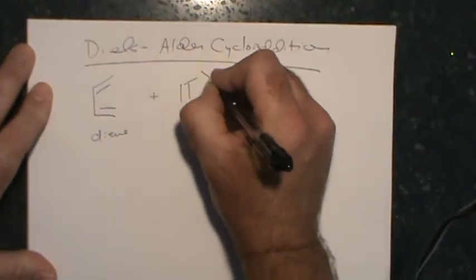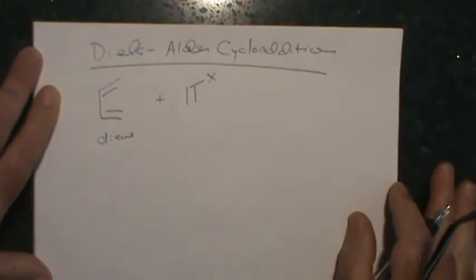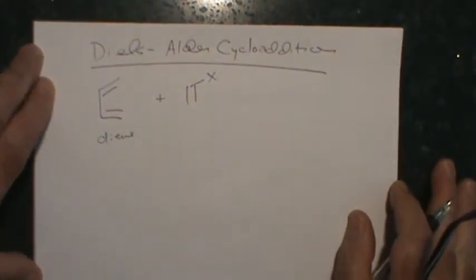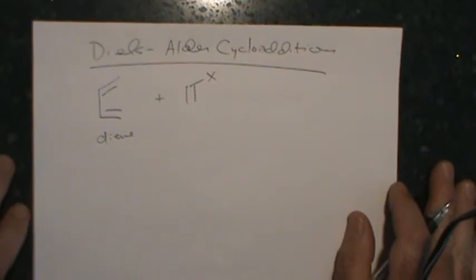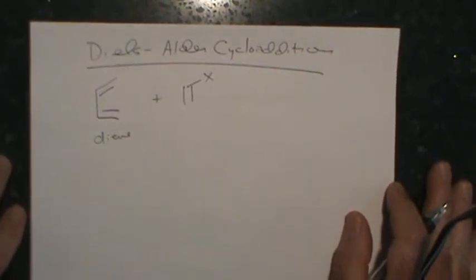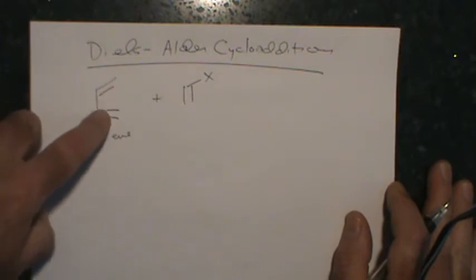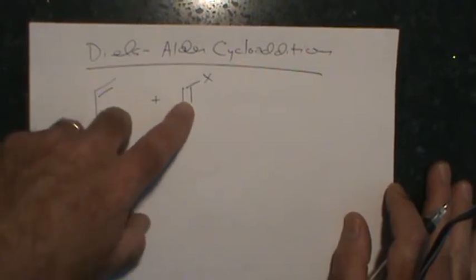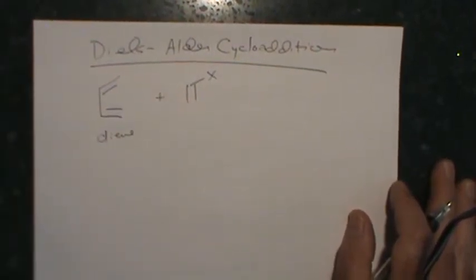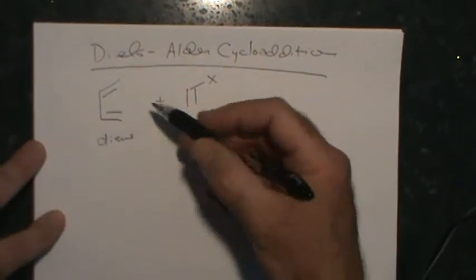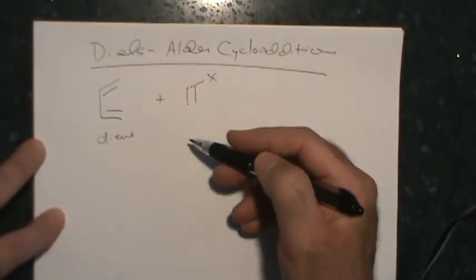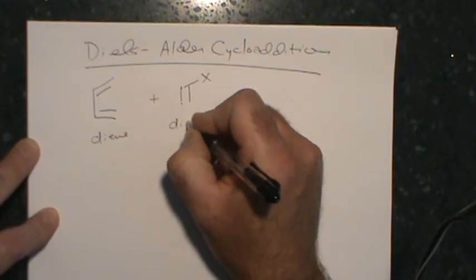Sometimes there'll be a substituent or two or three or even four on this alkene, but that's a detail. What we're really focused on are the pi systems. So here's a conjugated pi system, and here's a simple alkene. Because the alkene is interested in reacting with the diene, we call it a dienophile.